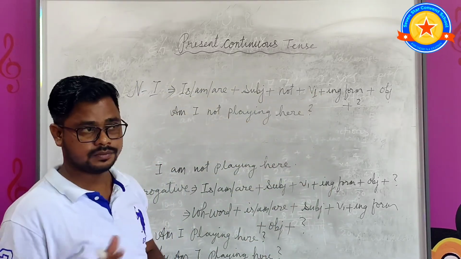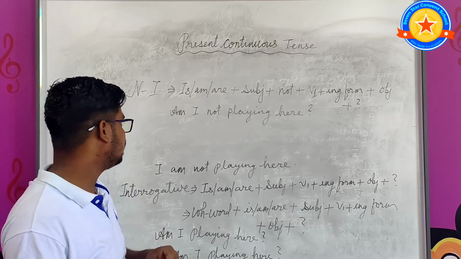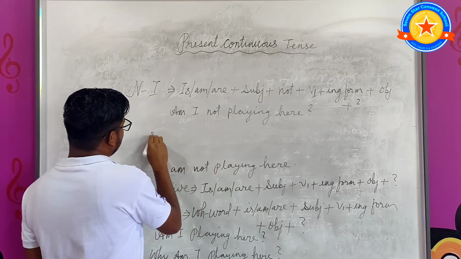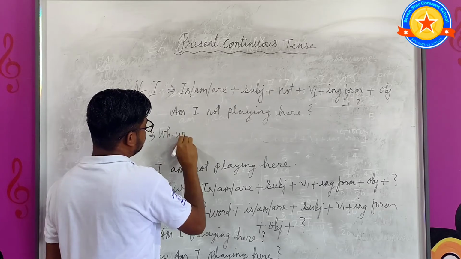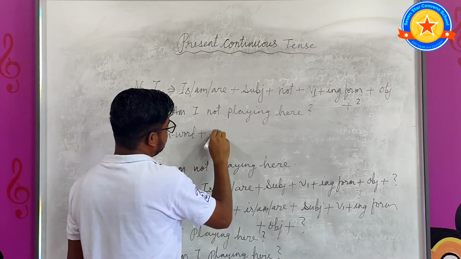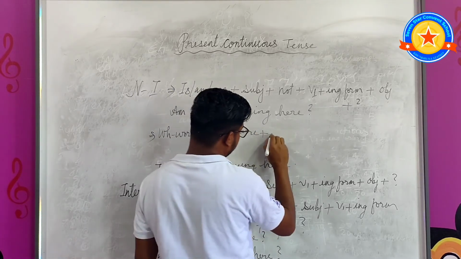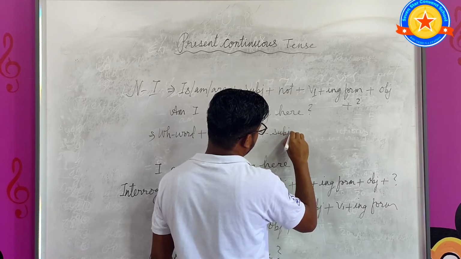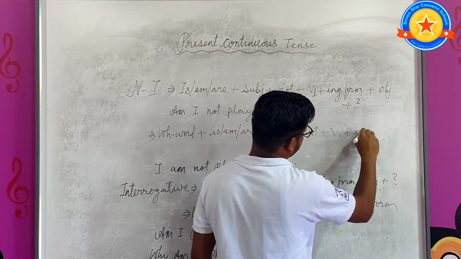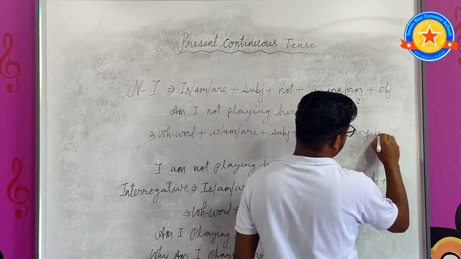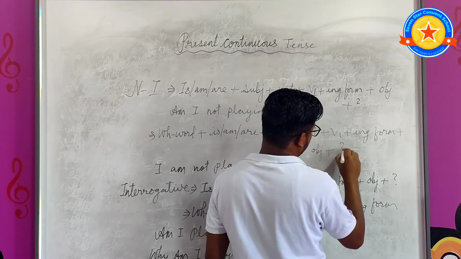Now in WH word type negative interrogative sentence, first you have to write the WH word. Its pattern is WH word plus is, am, are plus subject plus not plus verb 1 plus ing form of the main verb plus object plus question mark.